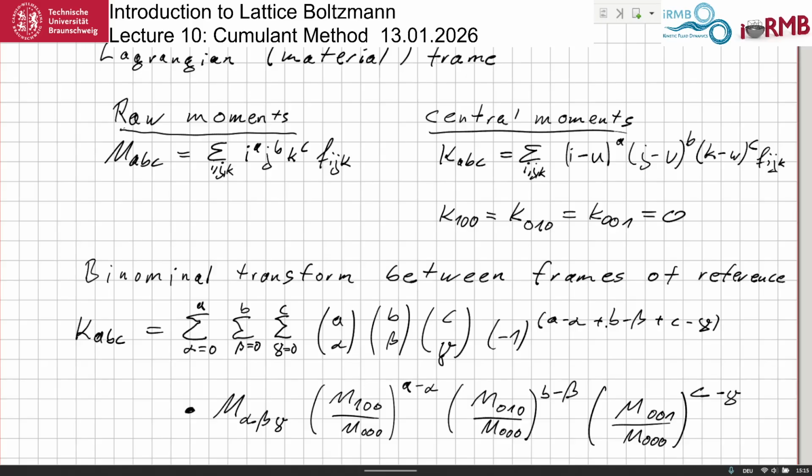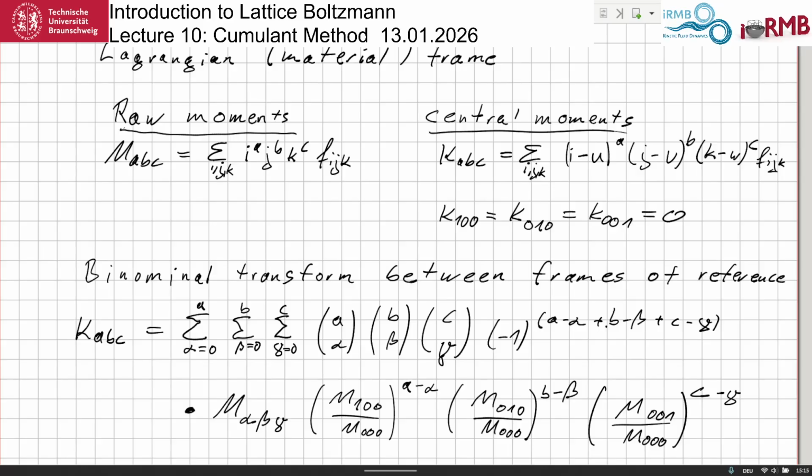So what we observe here is that we have this central moment as a function of raw moments up to the same order. And this also is a polynomial in the velocity.